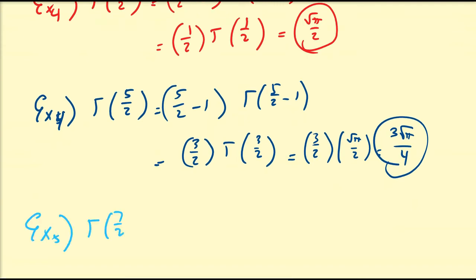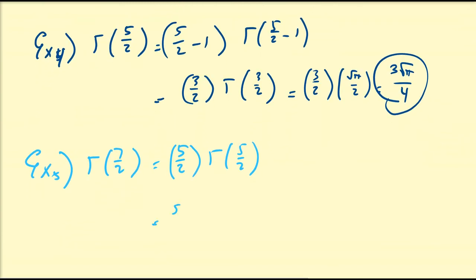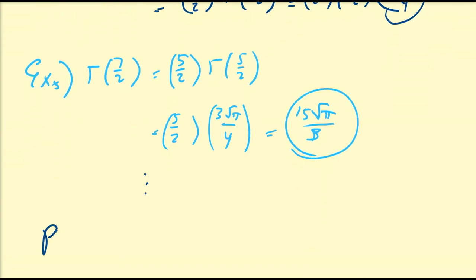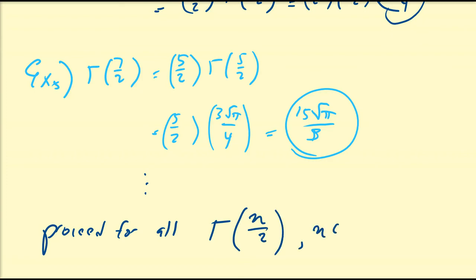For example, gamma 7/2 is going to be 5/2 of gamma 5/2. So it's going to be 5/2 of 3 square root of pi over 4, which will then be 15 square root of pi over 8. And we can proceed for all gamma expressions of the form gamma of n divided by 2, where n is a natural number.